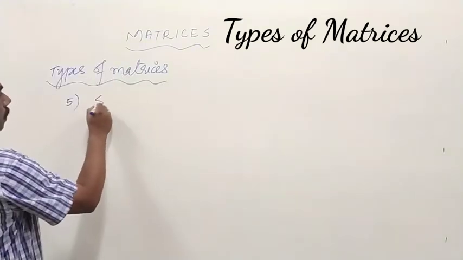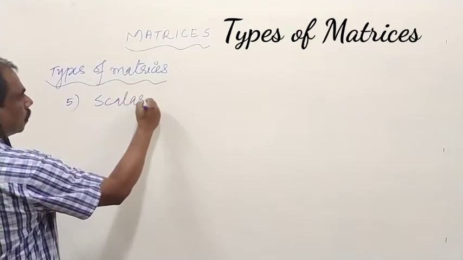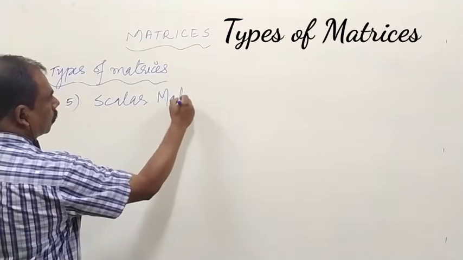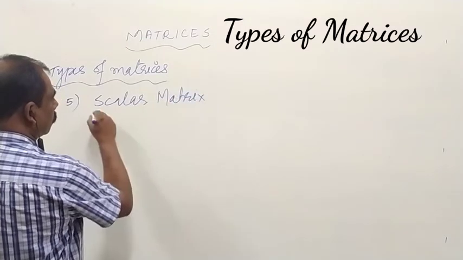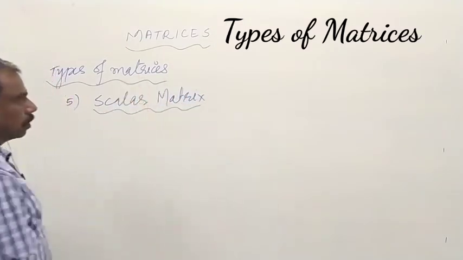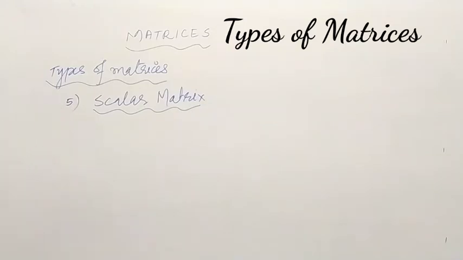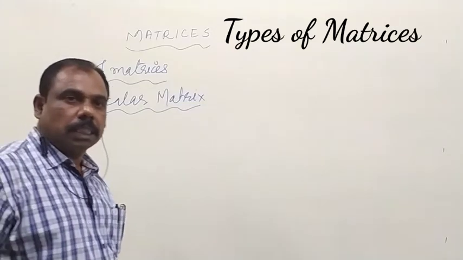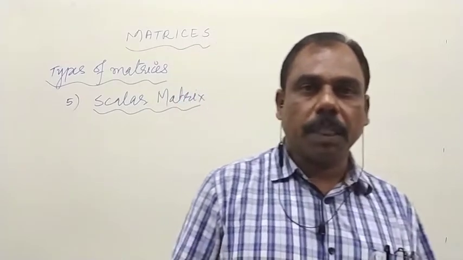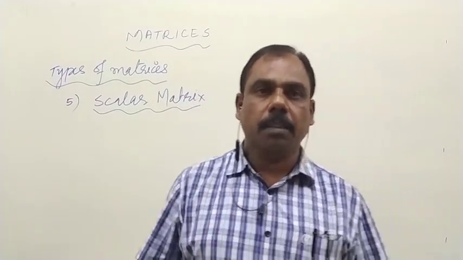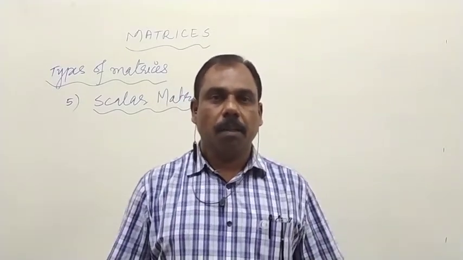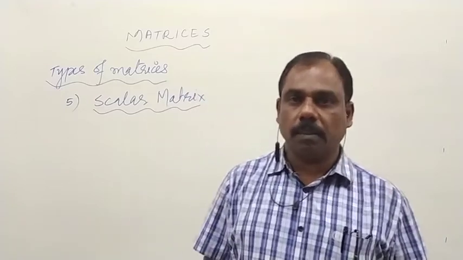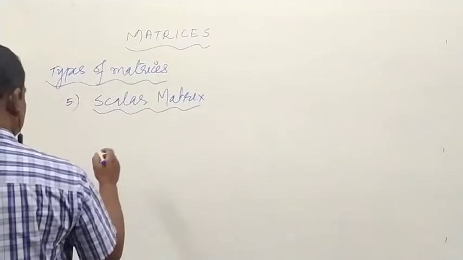A scalar matrix. Once again, the scalar matrix is a square matrix, or we can say a scalar matrix is a diagonal matrix with certain more conditions. So let us look at the example.